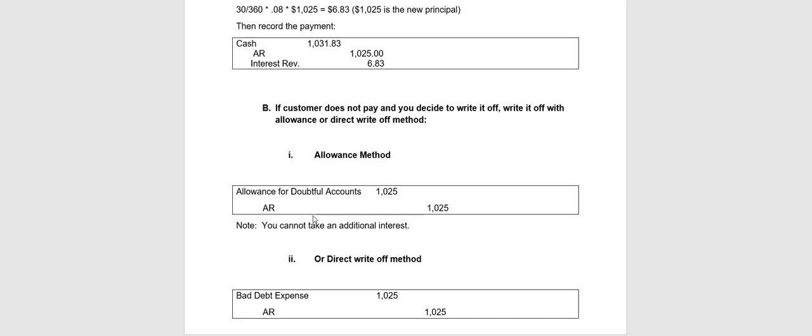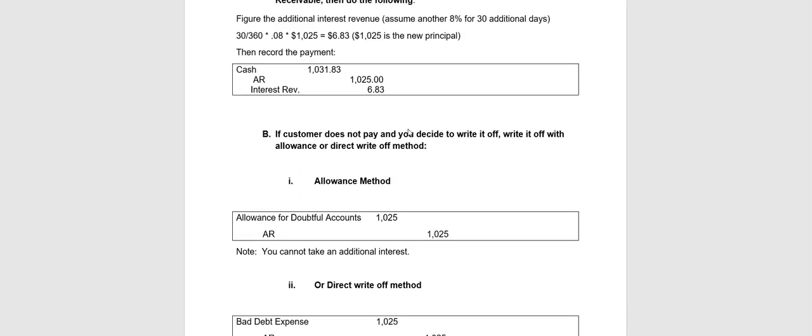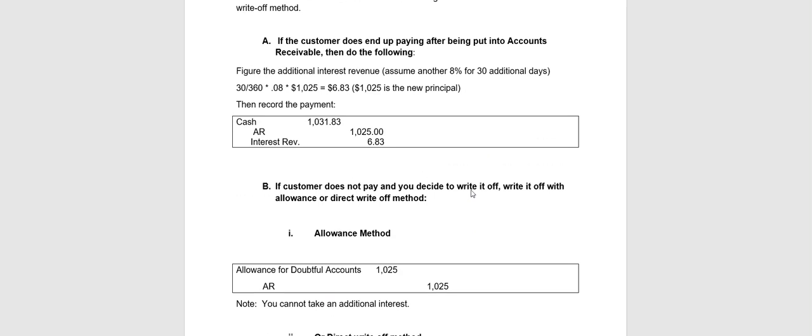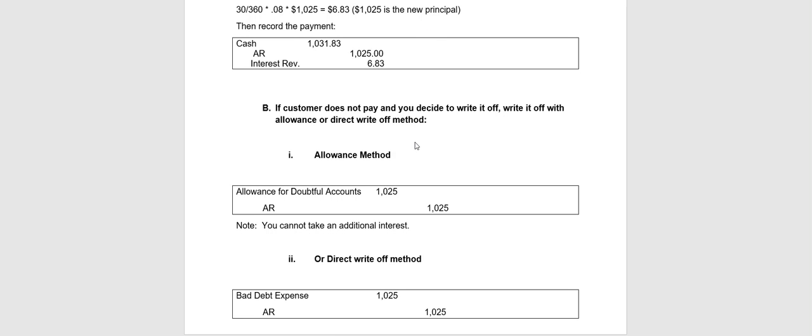Now, if he doesn't pay it off, then we can write it off using either the allowance method or the direct write-off method. Okay. If he doesn't end up paying it off, keep in mind that we cannot charge any additional interest. So if we write it off with the allowance method, we can include the previous interest on the note, but we can't charge any additional interest.